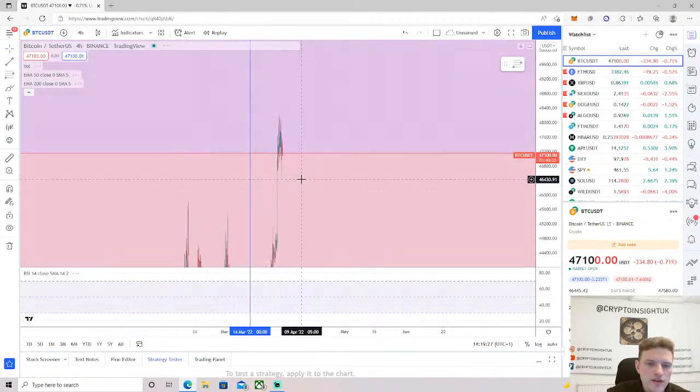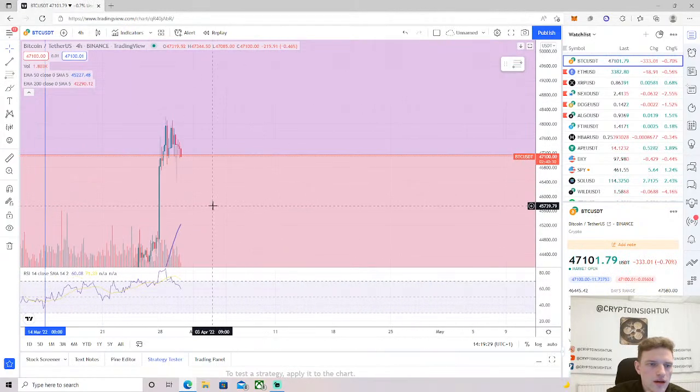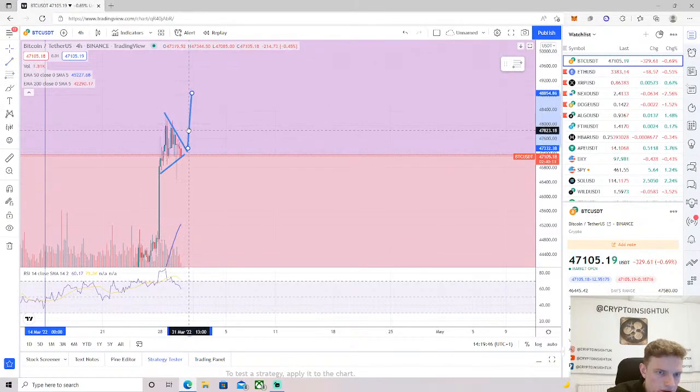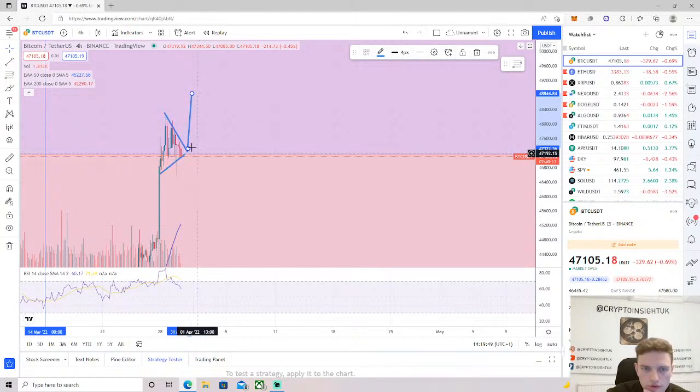It's a bit messy though, so it's not that accurate, and I wouldn't like to include this wick. That would be more accurate if we could go without the wick, but that price action happened, so it kind of invalidates it a little bit. And if you get a bull flag pattern like that, that's the breakout target you'd be looking for, all the way up to there. That's at 48,000.